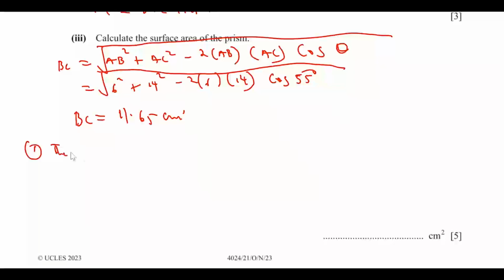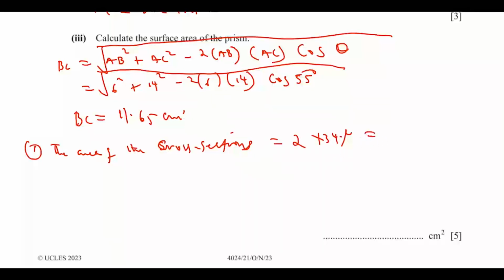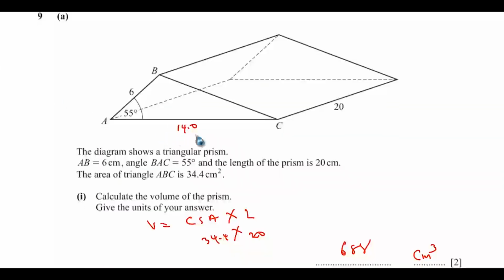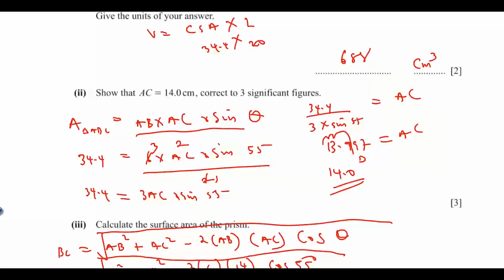The area of the cross sections will be 2 times 34.4, which equals 68.8 centimeters squared. That's for the first two shapes. Then we need to calculate the area of the base, the rectangle. That is 14 times 20. So that's the second one.